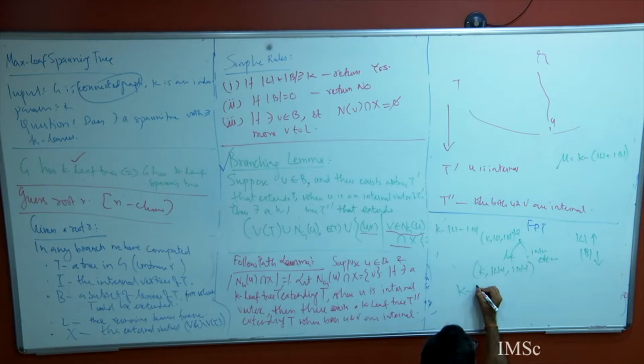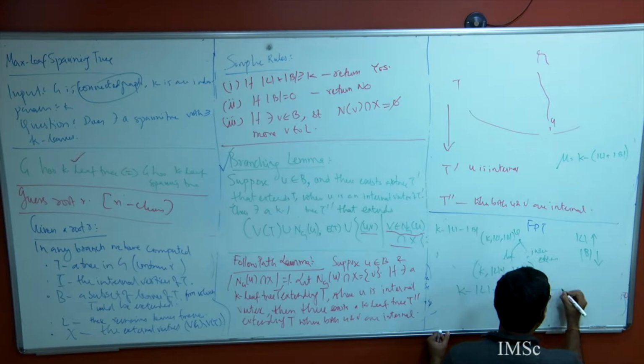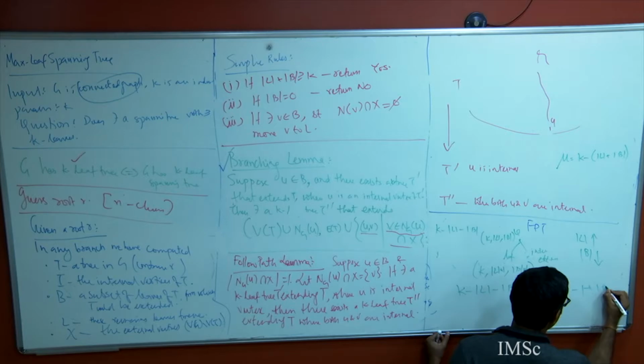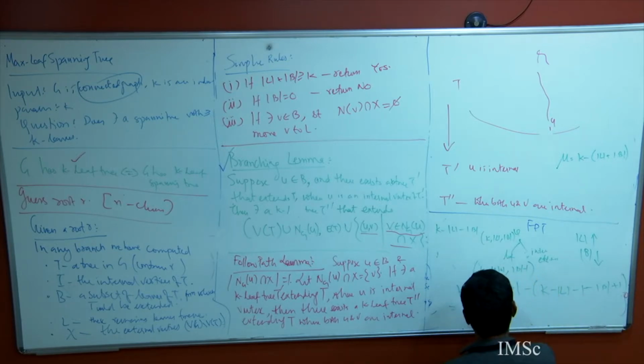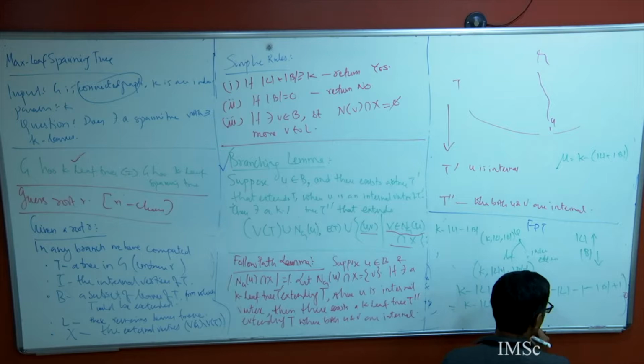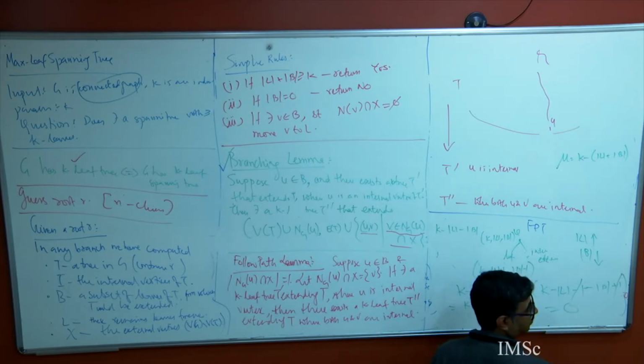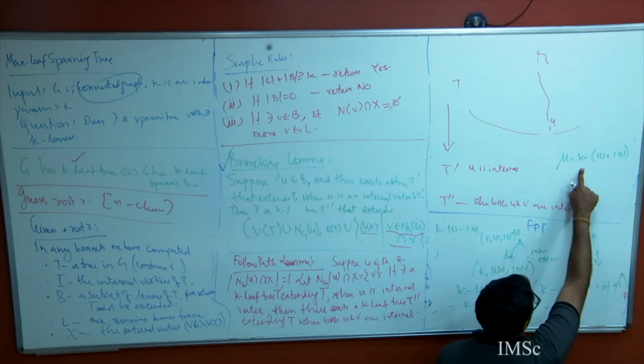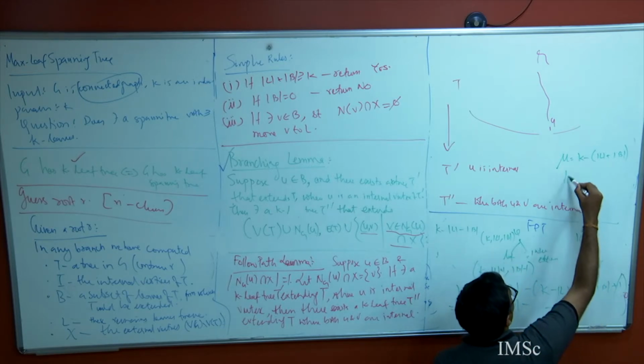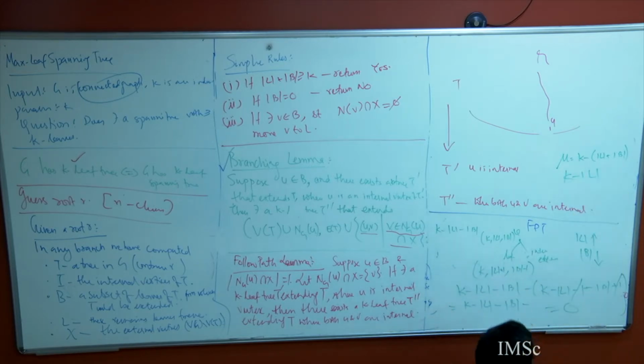So it is K minus mod L minus mod B minus K minus mod L minus 1 minus mod B plus 1. So it is K minus mod L minus mod B, minus 1 plus 1 gets cancelled, this is the same thing, I will get 0. So no measure changed. So at least this cannot be it. If someone wants to use K minus L, then we will have trouble here.